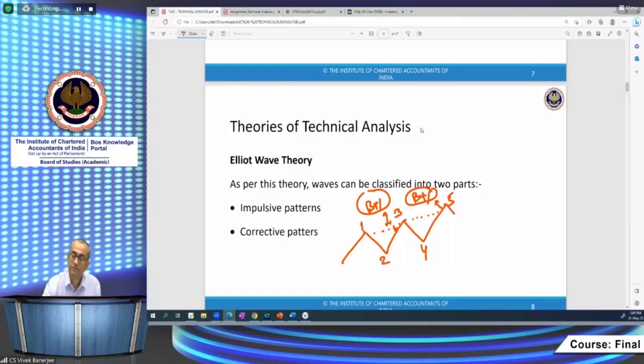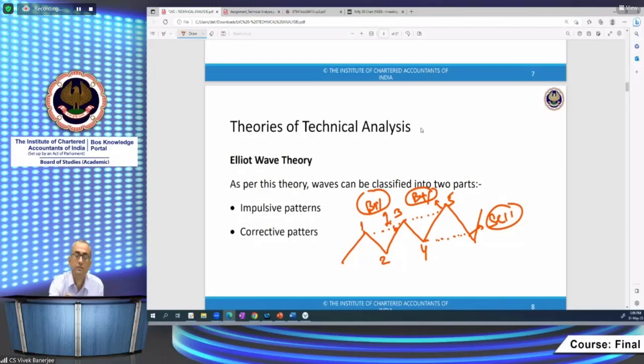Then after that, when it comes down below this level, the technical analyst would want to sell.